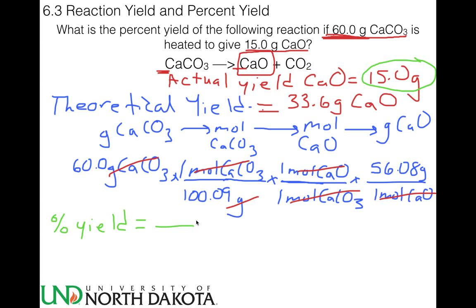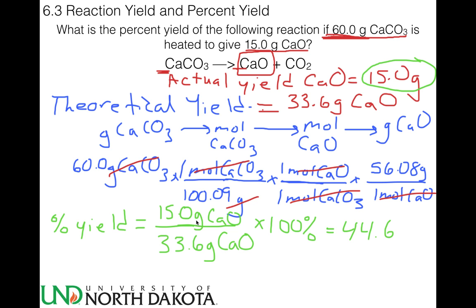So that was the amount of calcium oxide that was actually isolated as a part of this reaction. 15.0 grams of calcium oxide divided by the theoretical yield, which is 33.6 grams of calcium oxide, multiplied by 100%. We get slightly below 50%. We get 44.6% as our yield for this process.